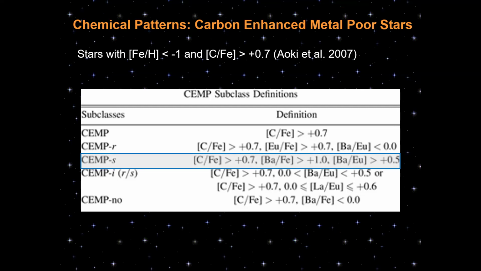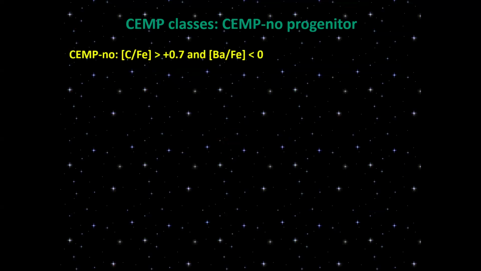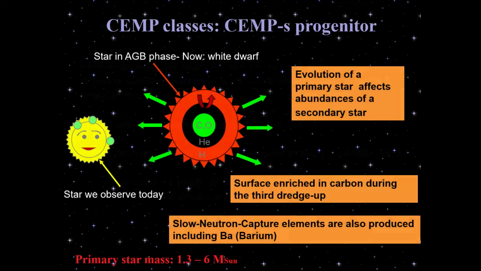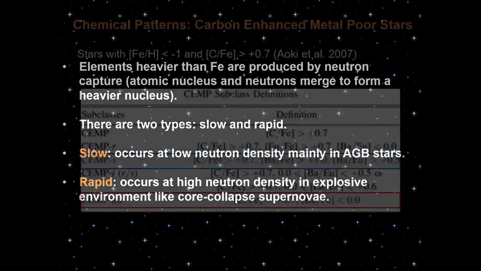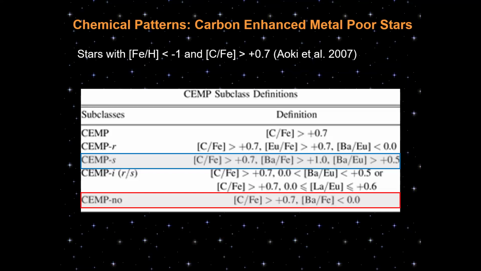CEMP-s: they are carbon enhanced, but they also show enhancement in slow neutron capture process elements, for example barium. And the second category I am interested in are the CEMP-no stars. These are carbon enhanced, but they don't show the same enhancement in barium.